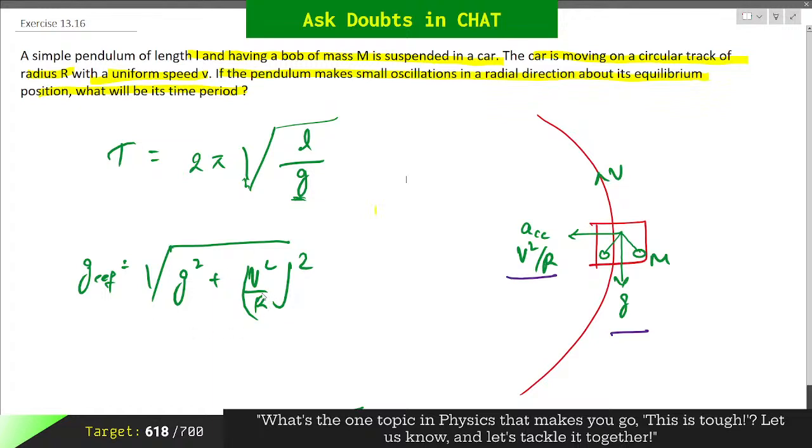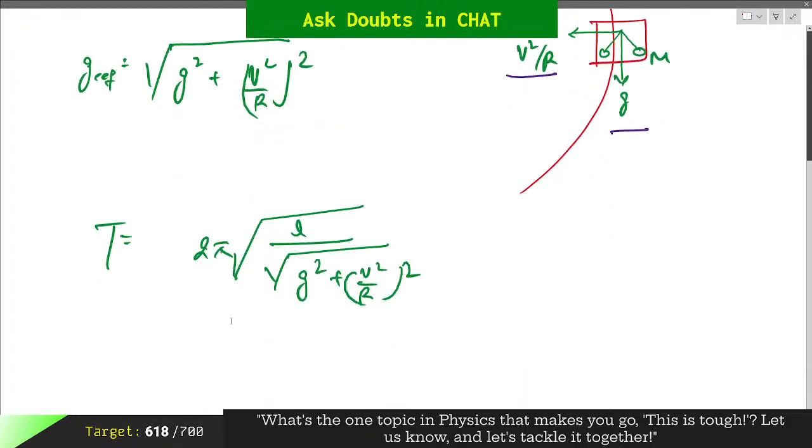Now if we single out the mass, the effective acceleration would be equal to root of g square plus (v square by r) whole square, and that will give us the time period, which will be equal to 2 pi root L by root of g square plus (v square by r) whole square.